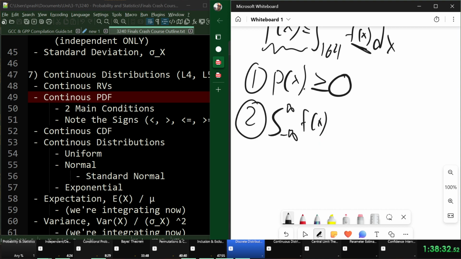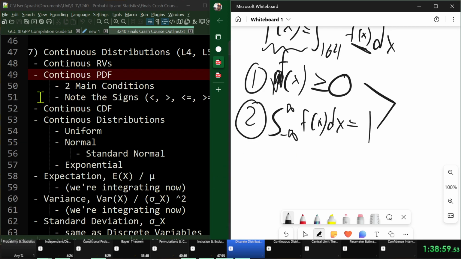Sorry, this is f of x, not p of x. When you have a function that tells you the probability, if you sum up everything, you've encountered all your possibilities already, so the probability will just be 1. These two conditions can be used to test if a PDF is actually a PDF or not. It must fulfill these two in order to be a valid PDF.